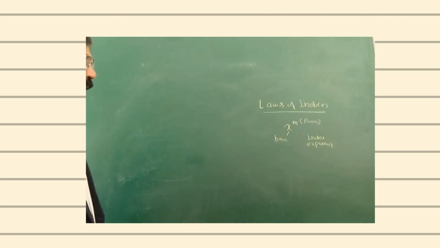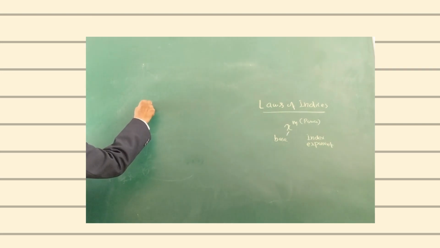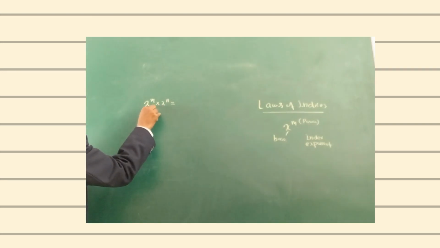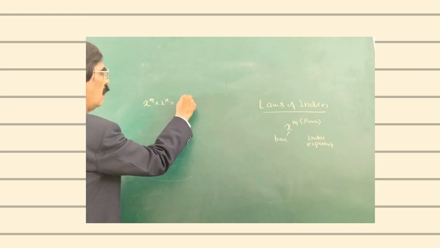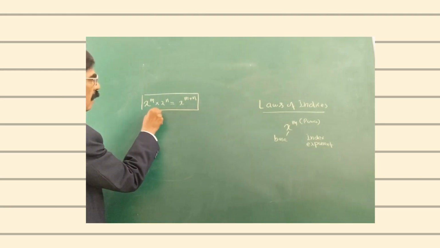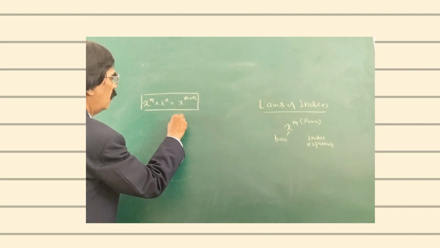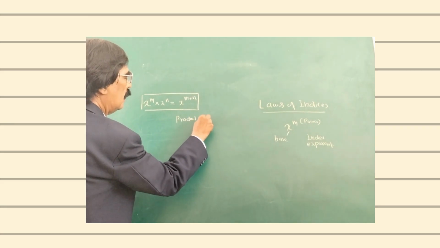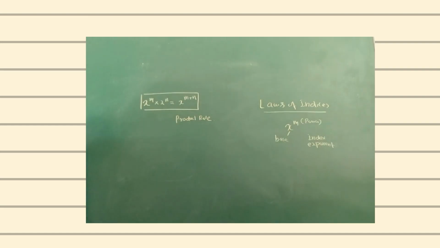Now listen, x to the power of m into x to the power of n, the base remains the same and I can add the power. This is called the product rule.